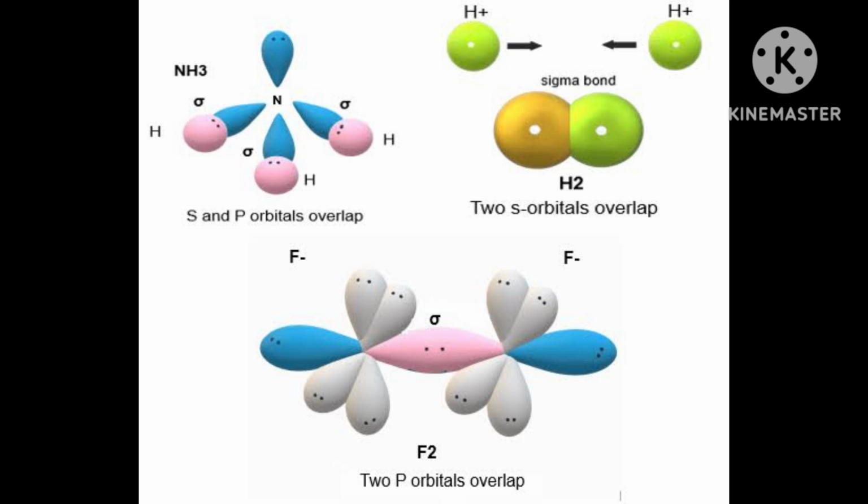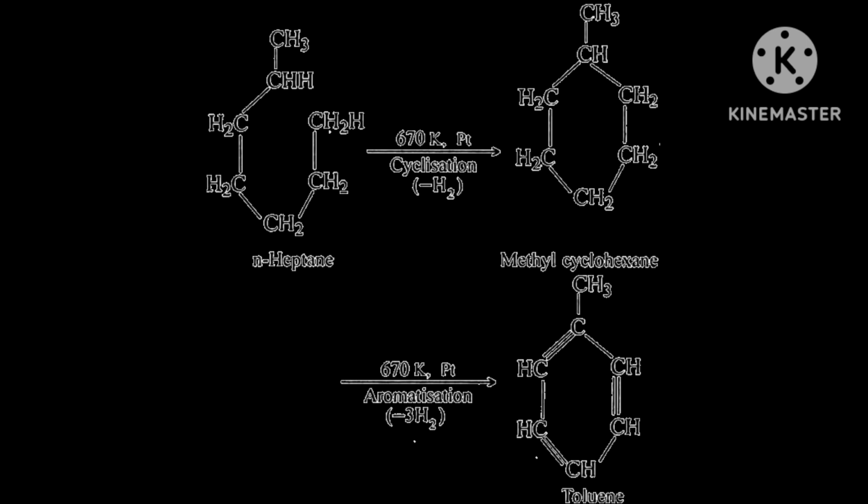Now I am going to tell you more about alkanes. That is very, very important, and questions are asked on it. That is conformation. What is conformation? I will tell you. I have discussed it once already, but now I am repeating it.